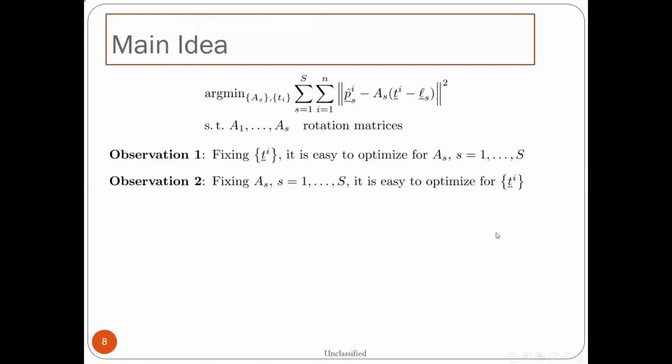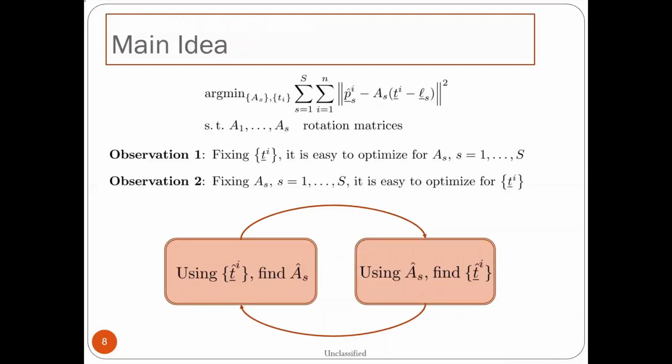The second observation is that fixing all the rotational matrices, it is very easy to optimize for Ti. We thus obtain the following iterative procedure. We use some values for Ti and optimize for AS, and then use those values for AS and optimize for Ti. We repeat the procedure until some convergence criteria are met.